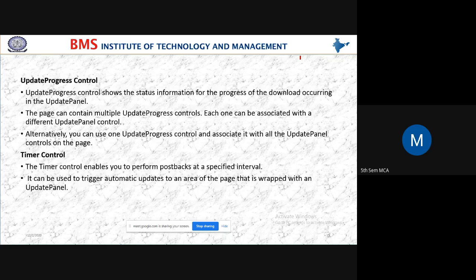It will show how much data has been uploaded or downloaded. By seeing the status bar, we come to know how much it has uploaded or downloaded. So the update progress control shows the status information for the progress of the download occurring in the update panel.